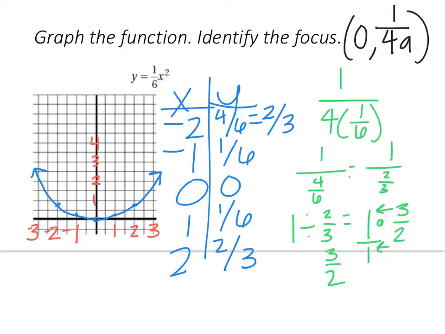And that's going to be our coordinate. So let me write the whole focus coordinate so we have it down. It's going to be 0, 3/2. And I'm going to try to graph that. Again, 3/2, you can put it as a mixed number or an improper fraction. It's really 1.5, guys. So I have it right there, and I'm going to label the focus right there.